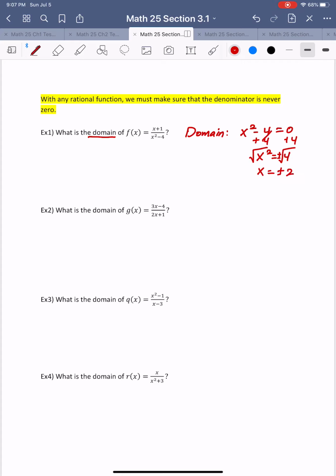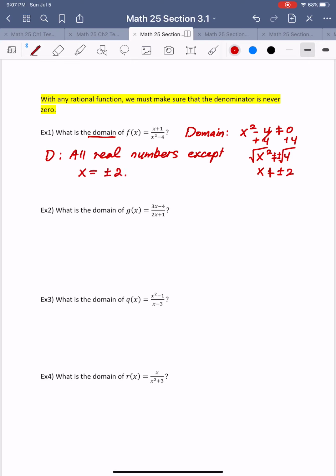We cannot have a 0 in the denominator, so x cannot be plus or minus 2. The domain, in this case, is all real numbers except x equal to plus or minus 2.